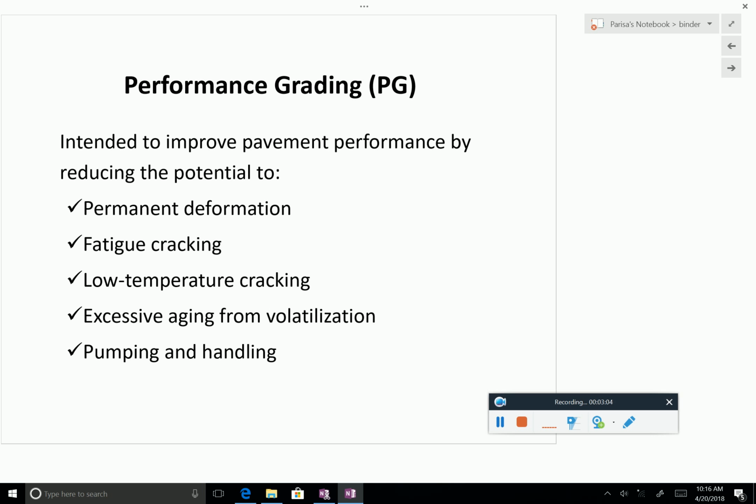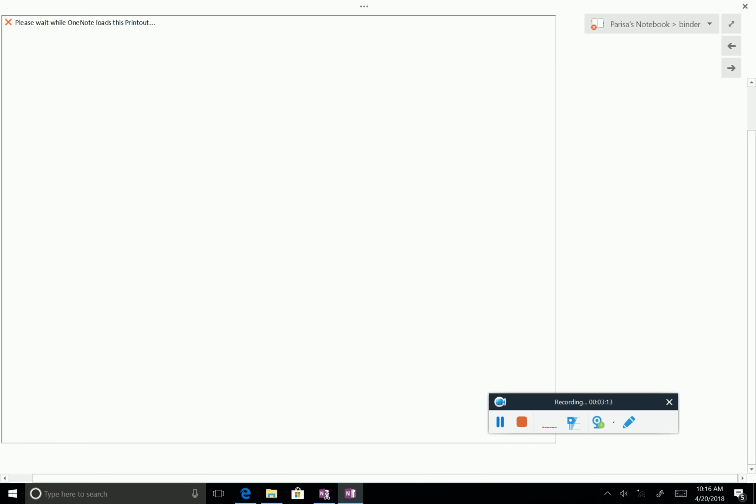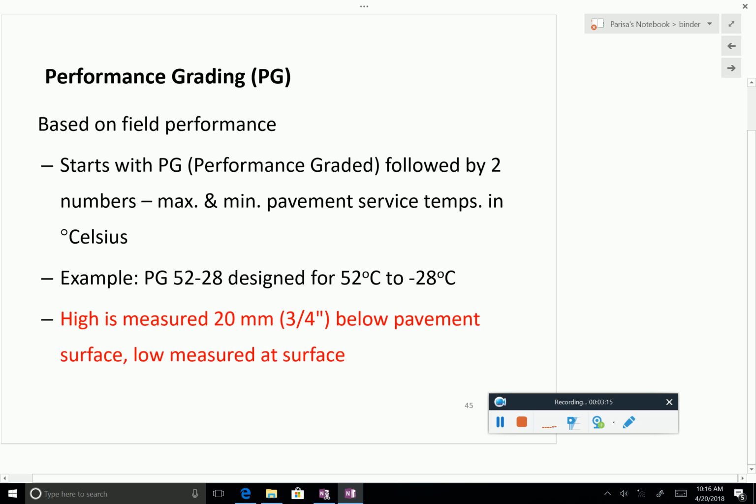Viscosity. Just like human beings, asphalt becomes stiffer as it ages. So basically, what you want to do is grade the asphalt considering the temperature with regard to all of these properties. It turns out that it's very simple, but you need to pay attention.